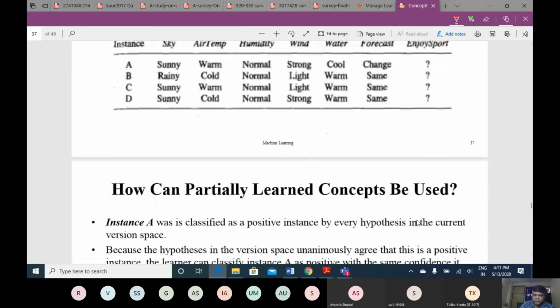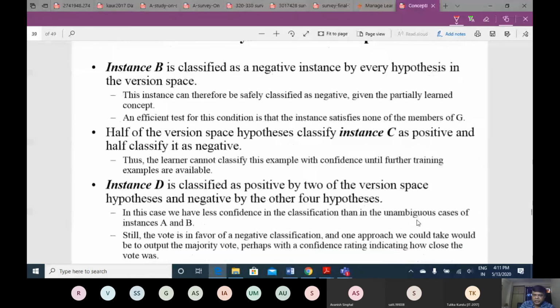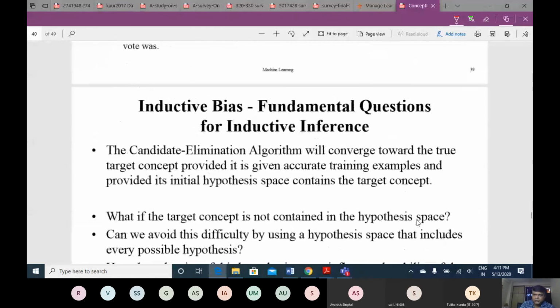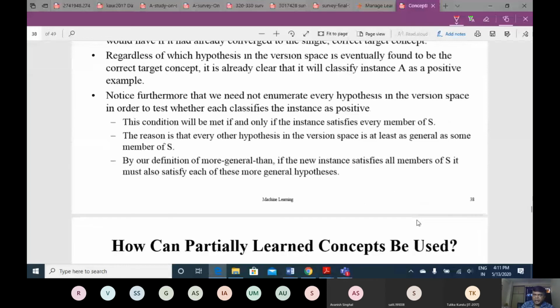Okay, so that is how we will interpret this version space. Based on this learning we can categorize other examples which are not included in the training examples. We can categorize them based on this version space, whether they are true or false, whether they are included in the concept or not.